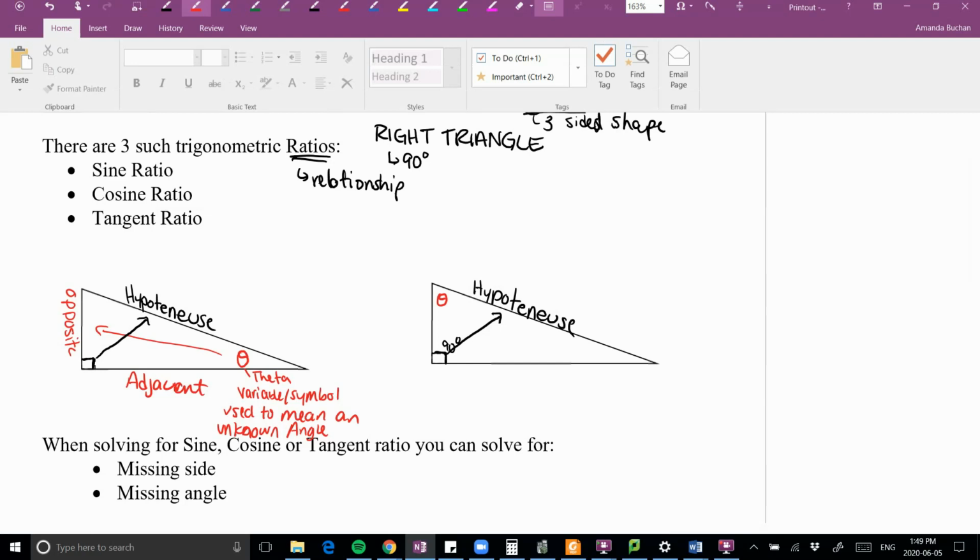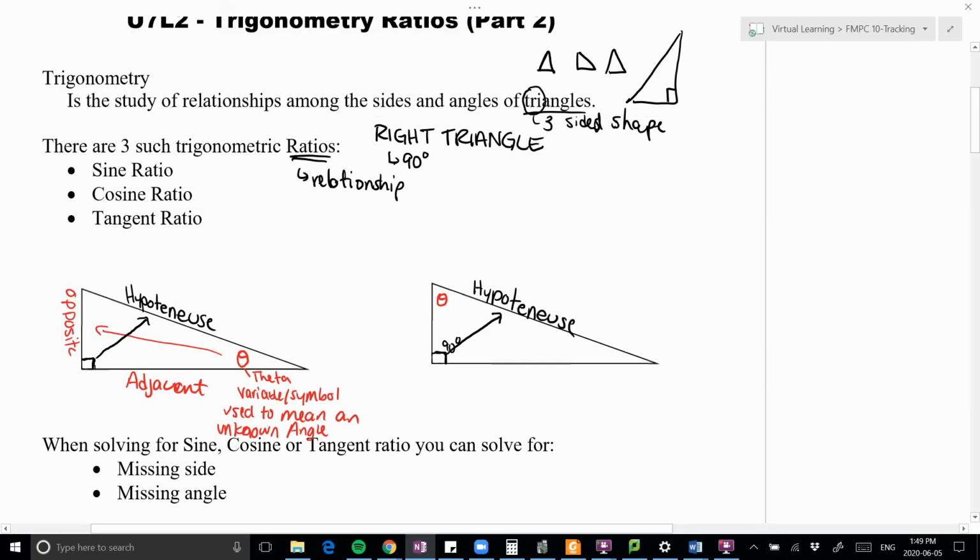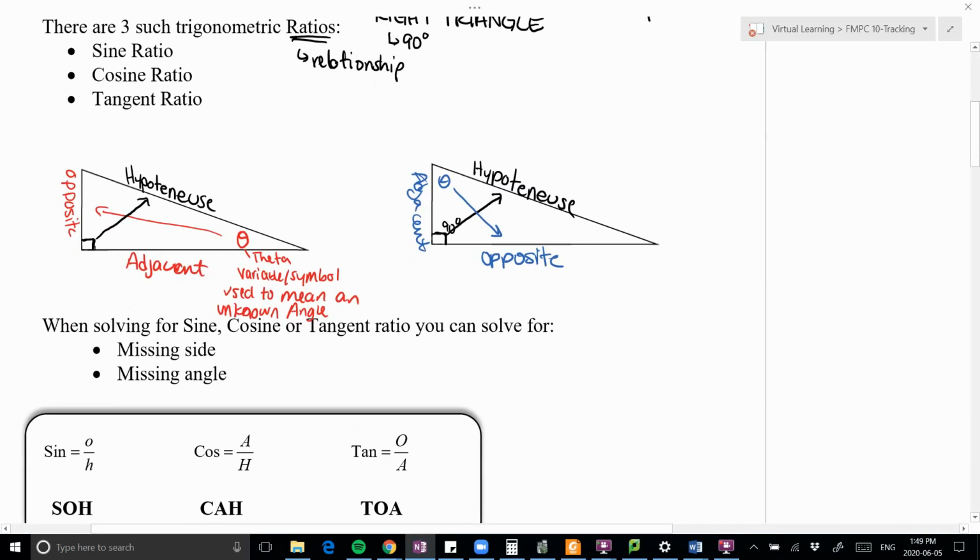Whereas for this triangle, if my theta, I'm just going to recolor this so it's a different color, is up here, we still have opposite and adjacent, but they're going to be different because this time, down here is opposite to that angle, and this side is adjacent or attached to that angle. So those sides change depending on what we're talking about, but the hypotenuse always stays the same. So it's important to know what angle we're talking about and which sides we're talking about.